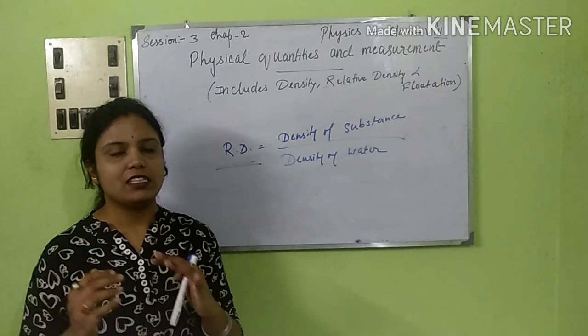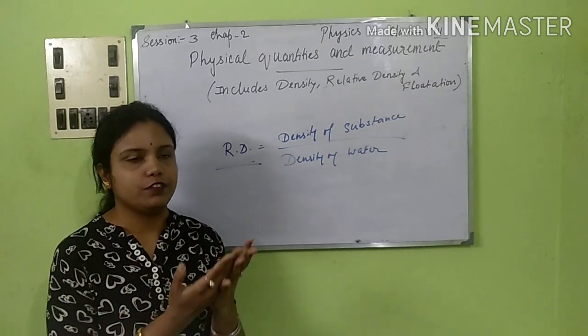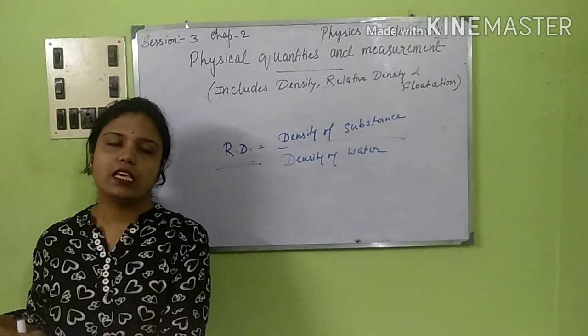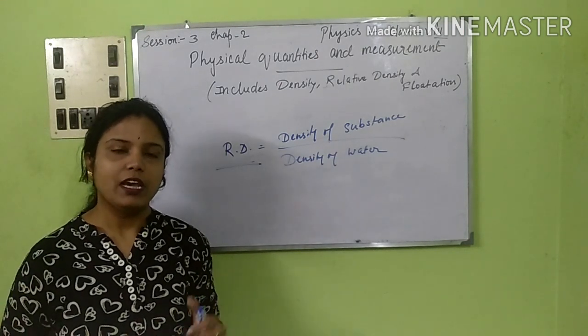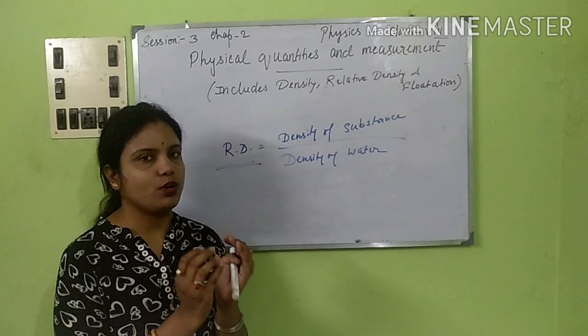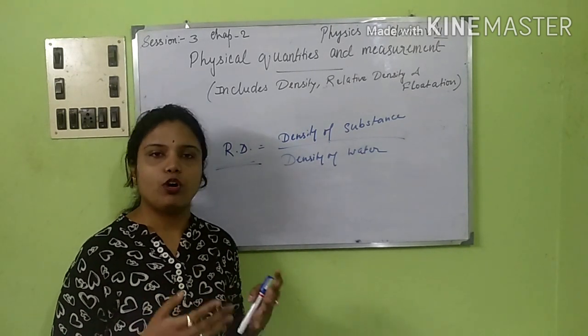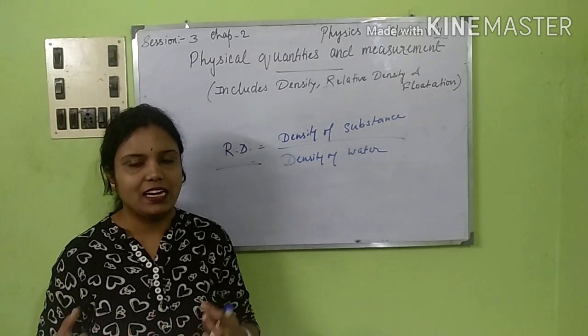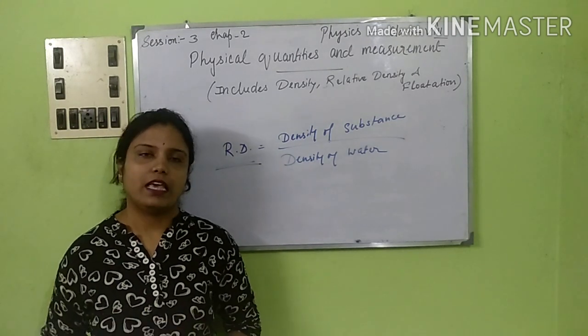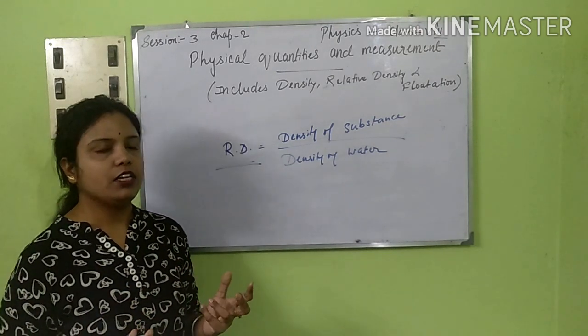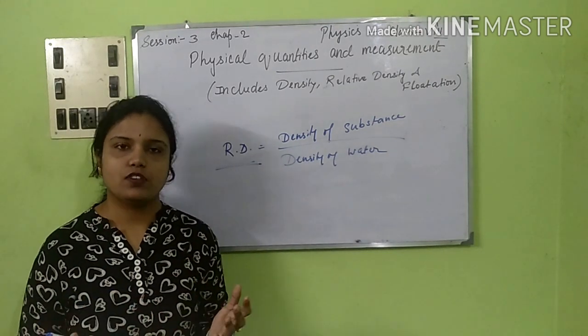Accordingly, density is more in solids, less in liquids and least in gases. It depends on the compactness of the particular state of matter. That is why iron or metals have more density than liquids, and liquids more than gases. So this was the theory around states of matter.